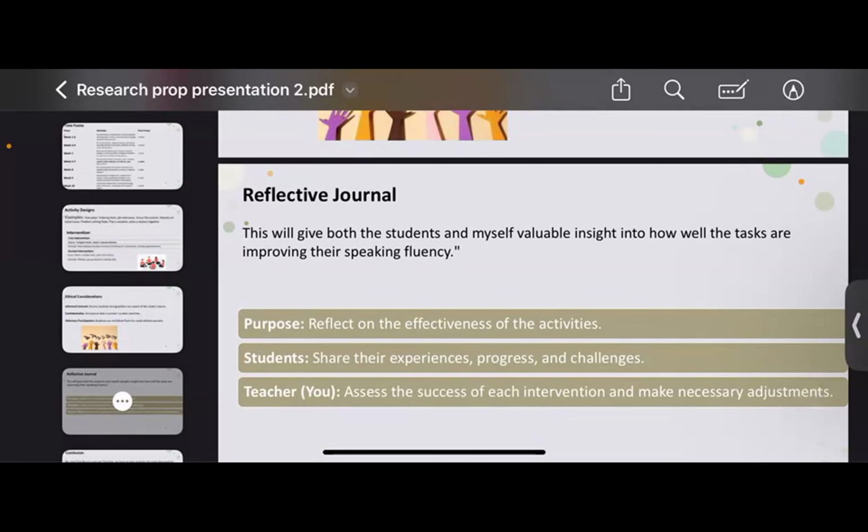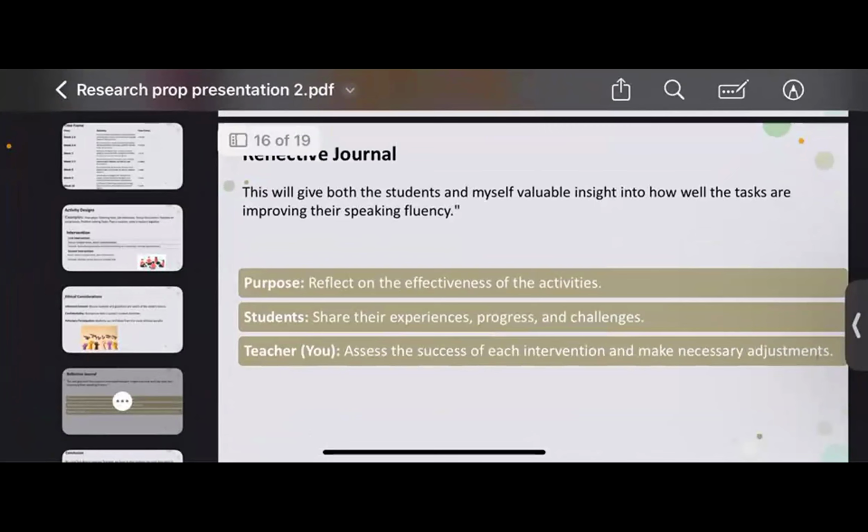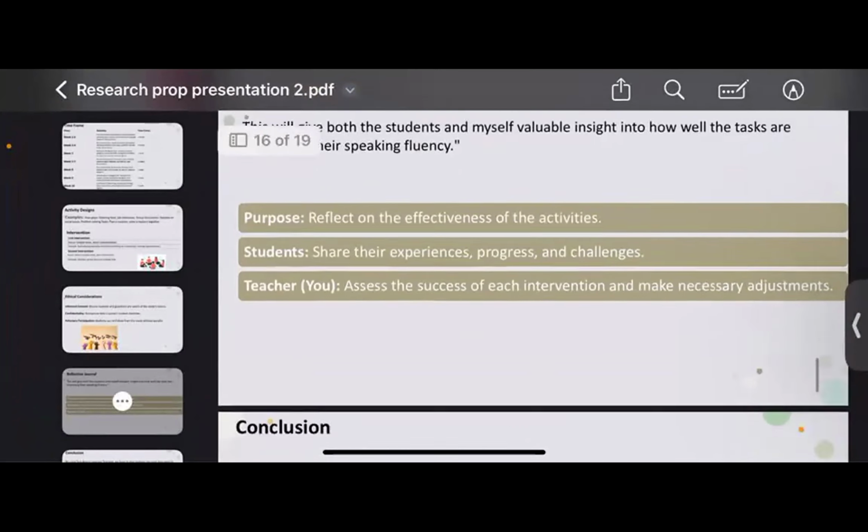Throughout the study, the students will keep reflective journals to track their progress and challenges. This will give both the students and myself valuable insights into how well the tasks are improving their speaking fluency. I have mentioned the purpose for students and for the teacher.